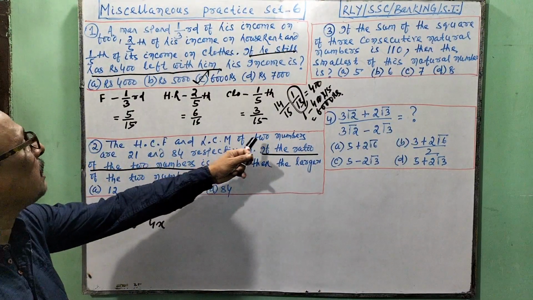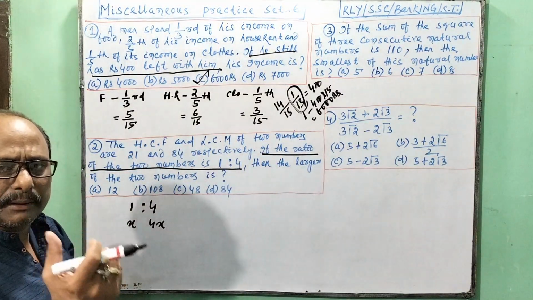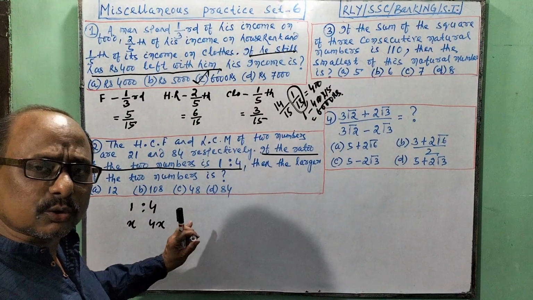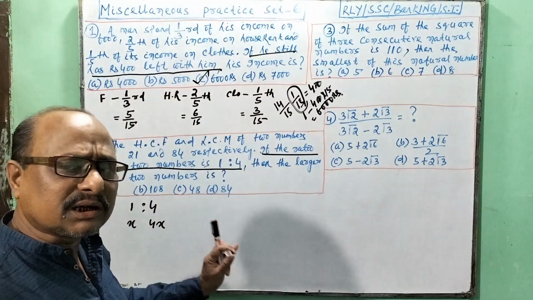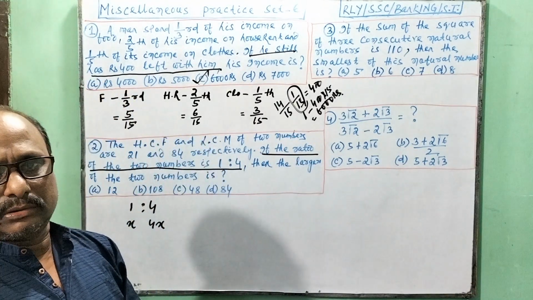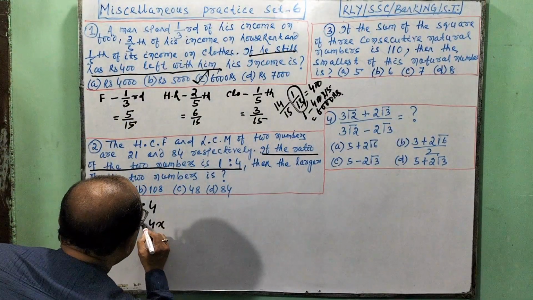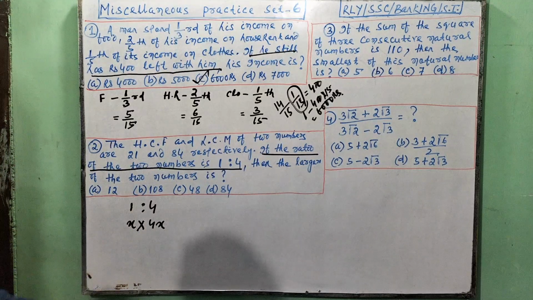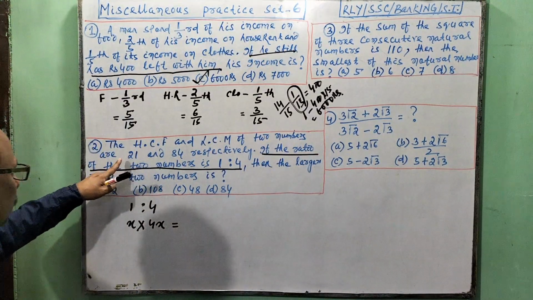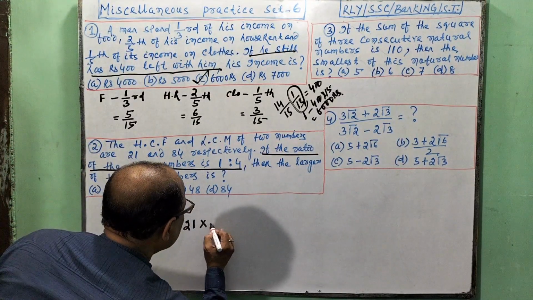The HCF and LCM of two numbers are 21 and 84. Remember, in case of LCM and HCF, the product of the two numbers is equal to the product of the HCF and LCM. Here the HCF is 21 and the LCM is 84.